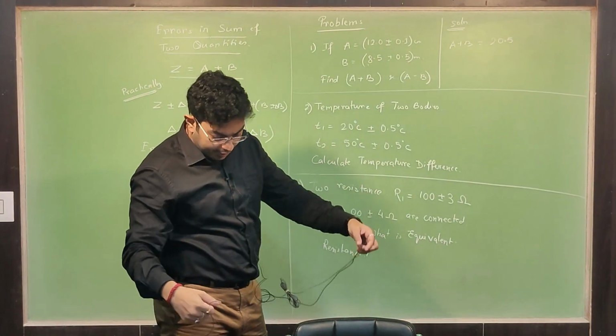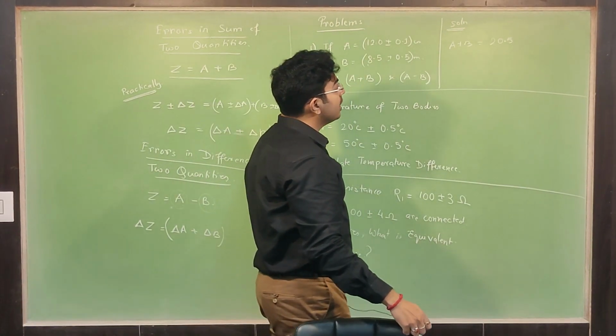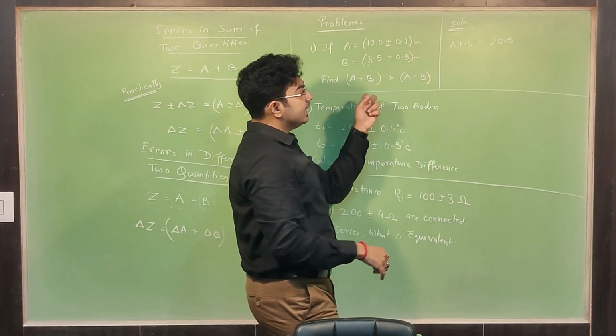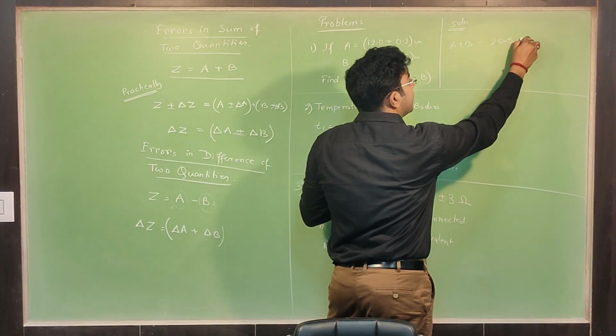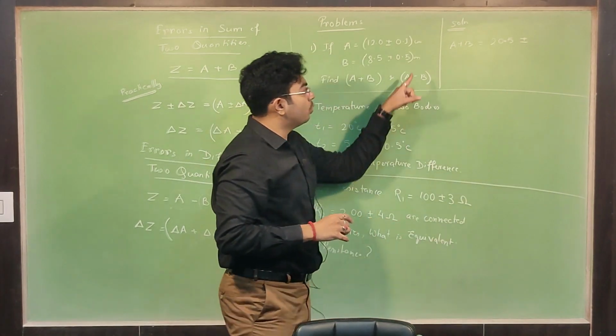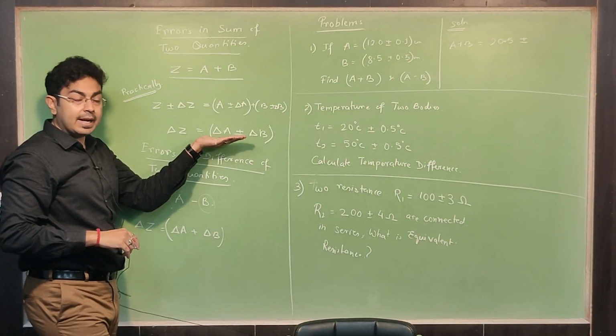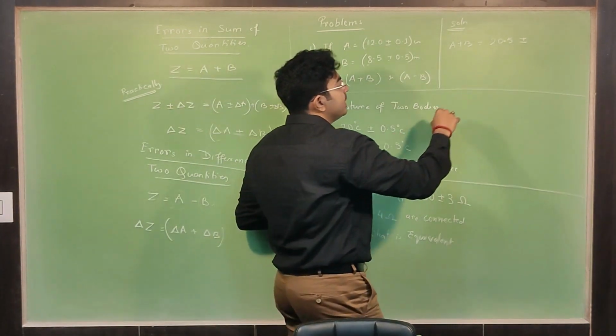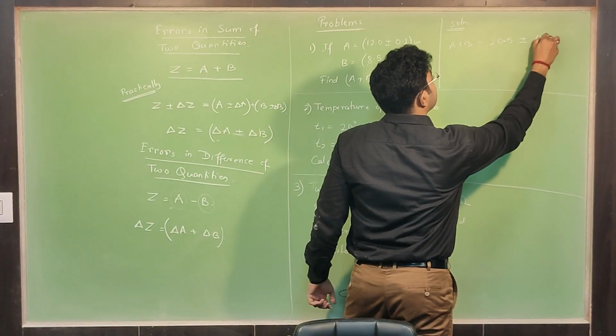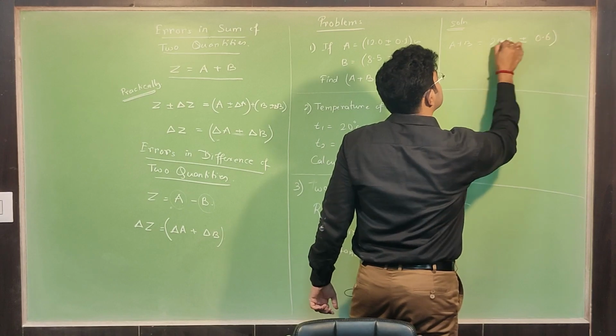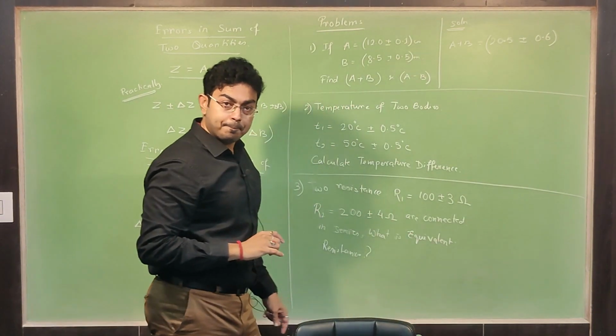This will be 20.5. And what will be the error in this one? For any kind of summation, what do we have to do? We have to add the errors. So the error will be 0.1 plus 0.5, that is 0.6. Is it clear?